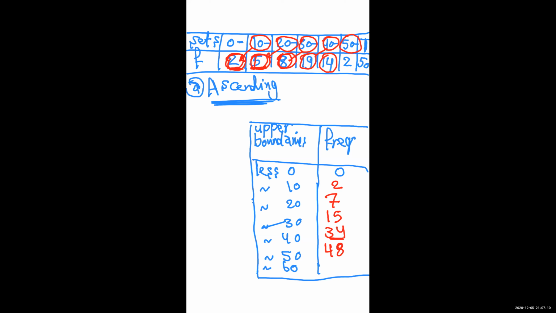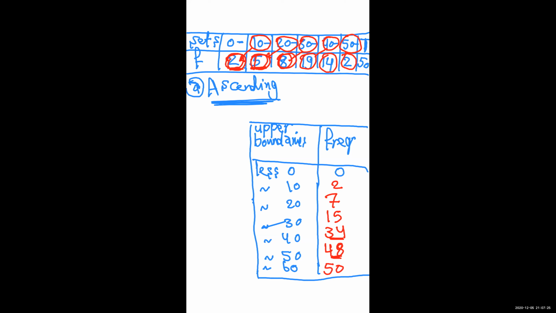Then finally, guys, less than 60. Actually, all of them got less than 60. So 2 plus 48, so 50.